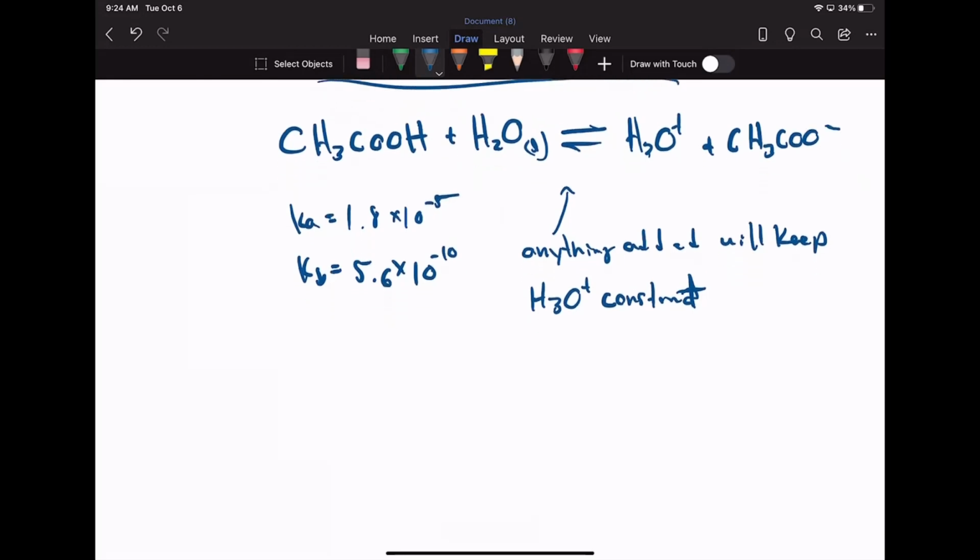So let's actually think about that. What happens if we add strong base, some strong NaOH?